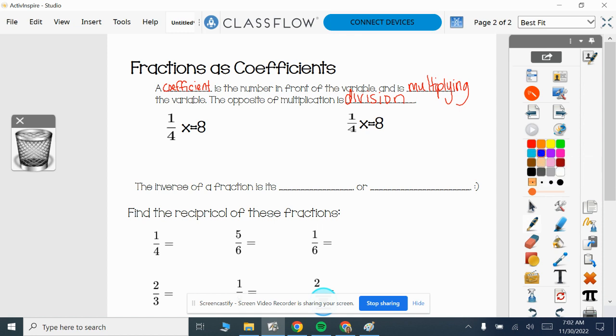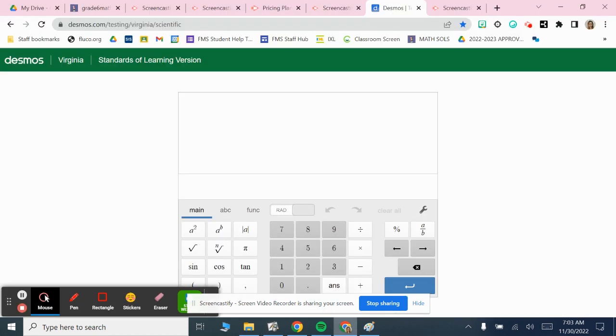I'm going to change the color just for fun. I got blue. Draw my line down the middle. Now I know that this 1/4 is multiplying the x. So I'm going to divide both sides by 1/4. And I'm going to do that in my Desmos calculator.